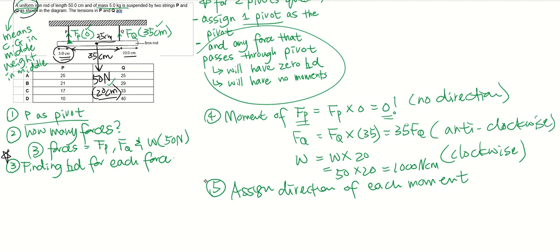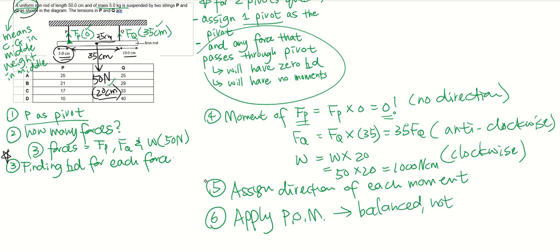So now, step 6. We can apply principle of moment. Why is it that we can apply principle of moment? Because it is balanced, not moving, not rotating, or stationary.